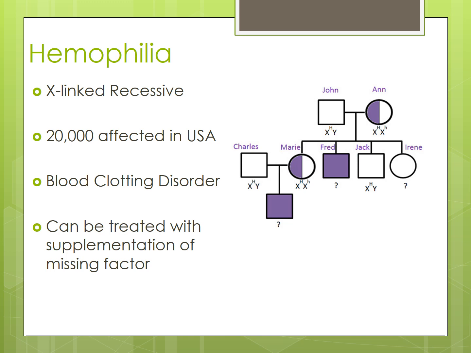So it's very dangerous to these individuals, in that once they start bleeding, they have a very difficult time stopping. There are treatments where you can supplement the missing coagulation factor. In a later lecture, you'll talk about hemophilia in a little more detail, discussing these missing coagulation factors and how this pathway plays out. But hemophilia is a good example of this.